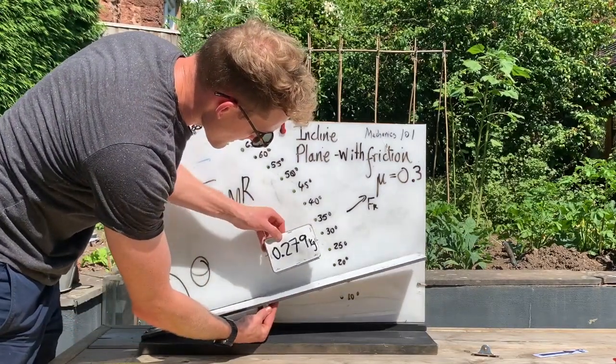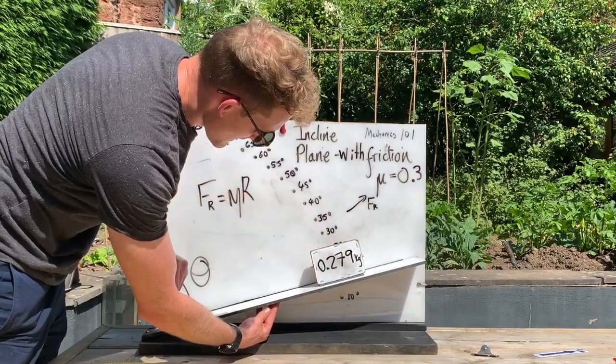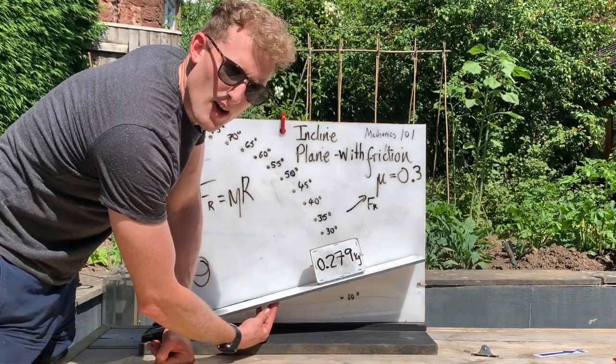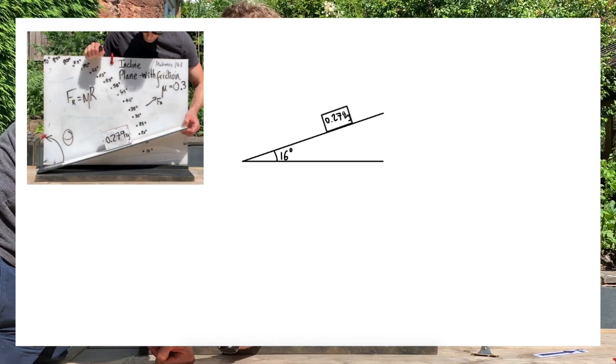For this, I'll hold it here, and yeah, let's do the working. Okay, so we're going to start this question as we start any other question. We label on our forces, so we have 0.279 G. The angle here is 16.